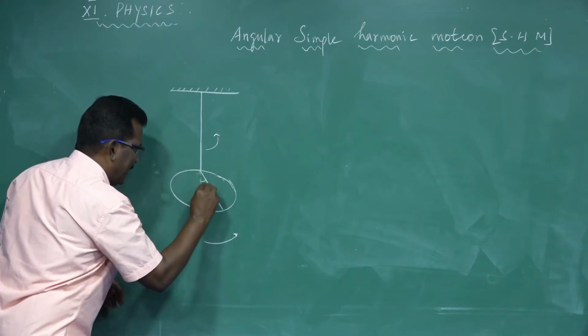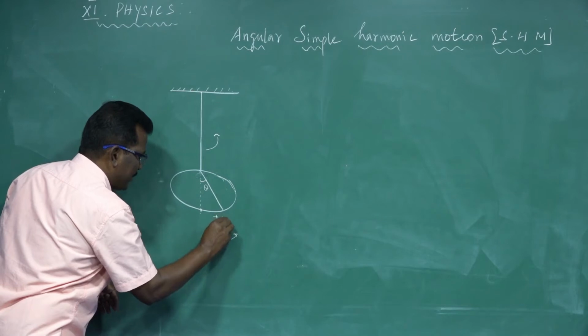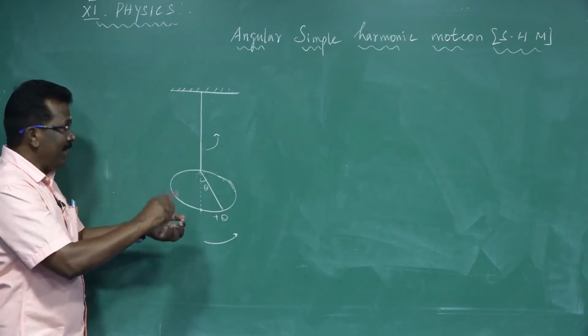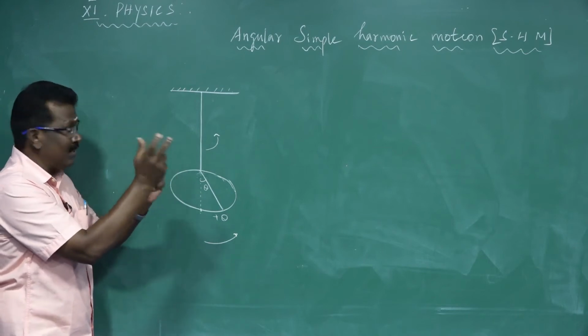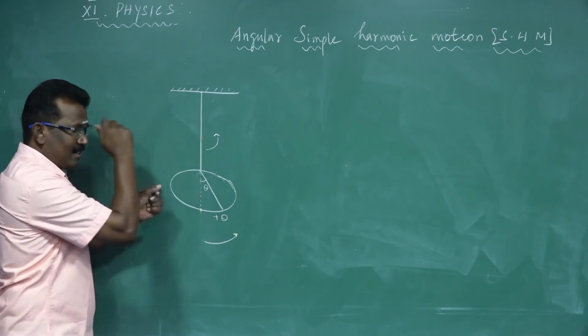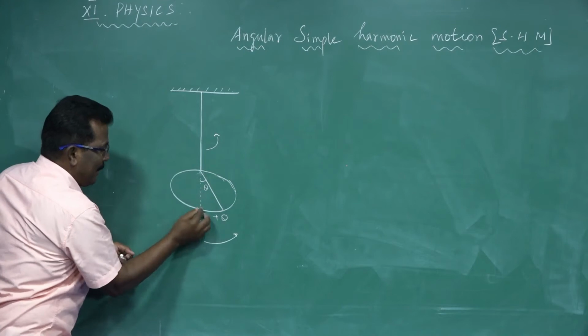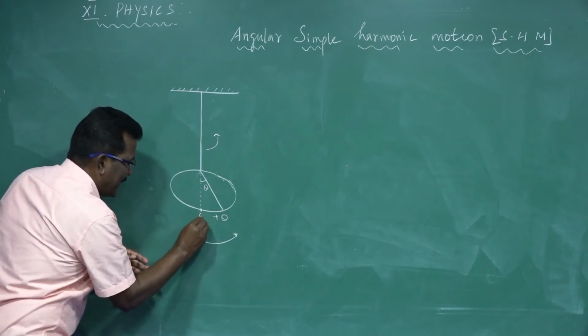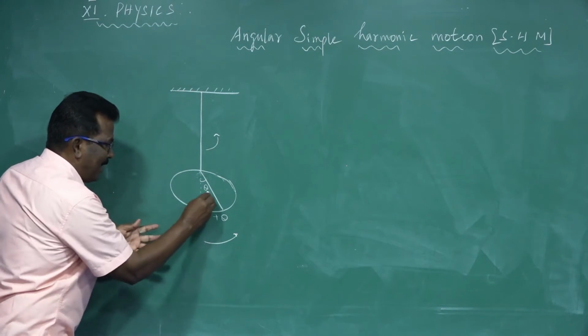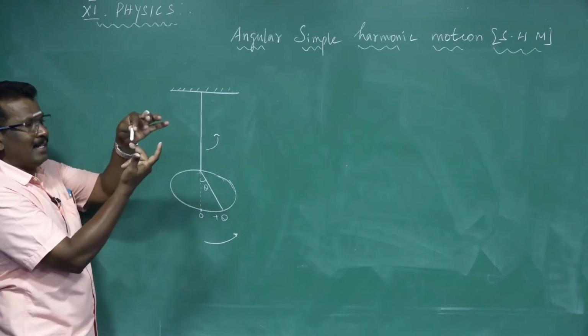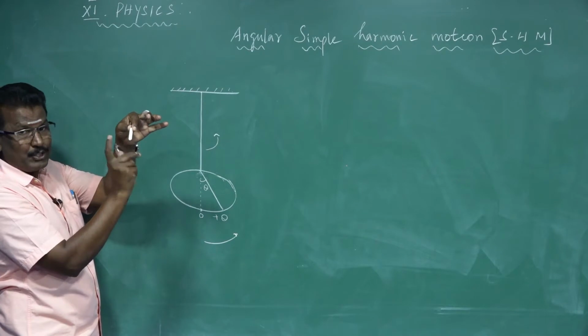It rotates through a certain angle theta, this is a positive theta, and immediately the thread produces an opposite force. That is a torsional force, called a torque. When the body is rotated from its equilibrium position or mean position through an angle theta, the thread tries to rotate it in the opposite direction.